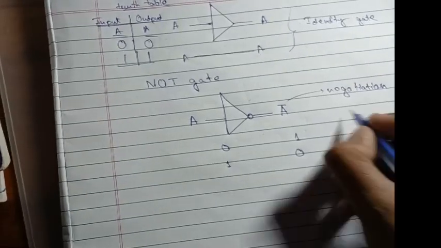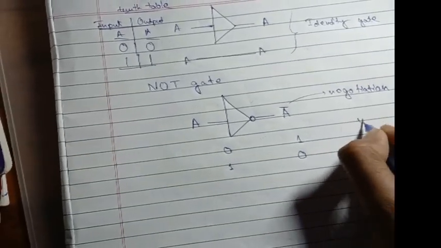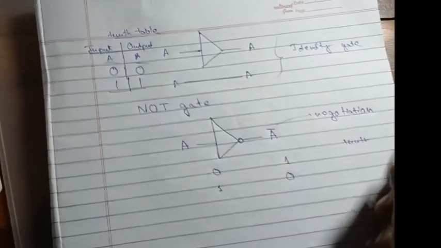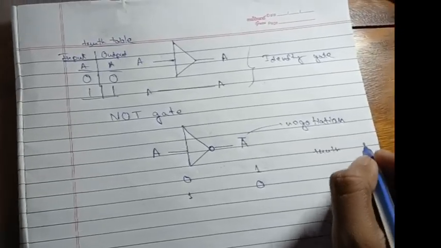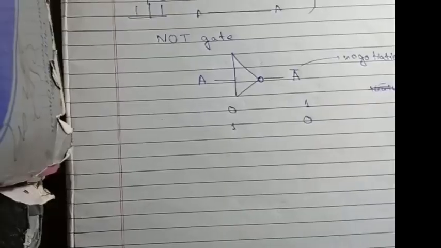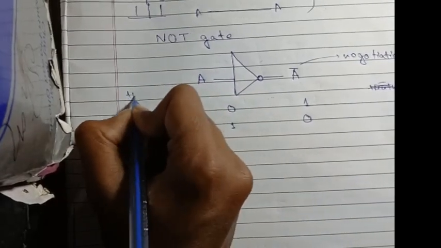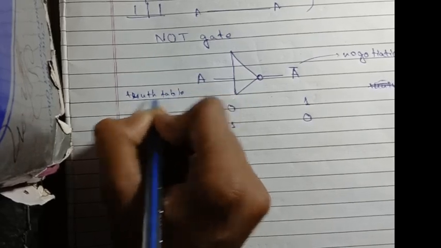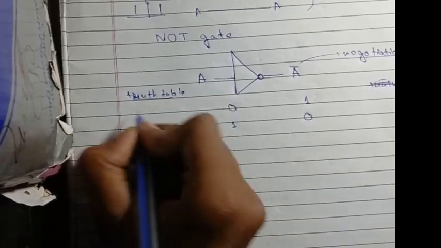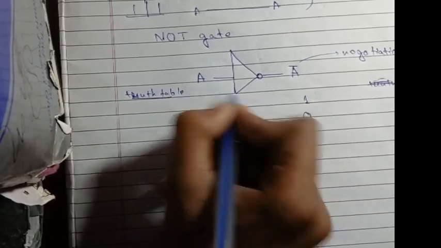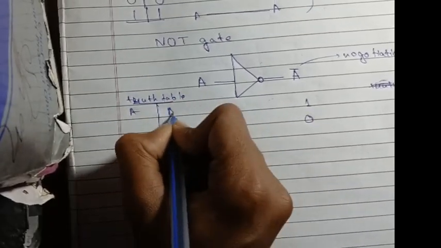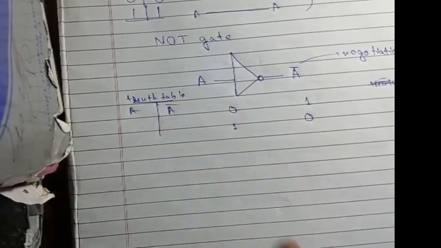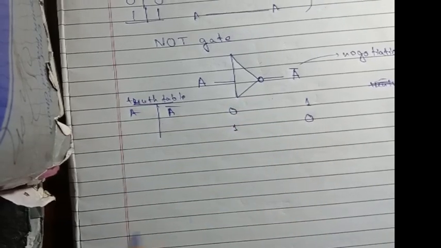And here is the truth table for the NOT gate. As I am representing input as A and output as A bar, where bar is used for negation.